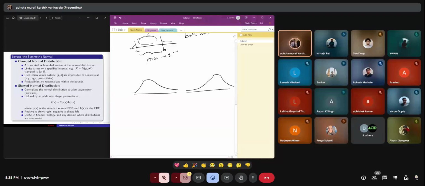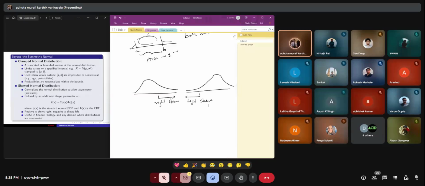At one end point, the tail will be longer. Whichever way the tail is longer, you will say the distribution is skewed towards that way. So this is a right skew. This is a left skew. Okay.